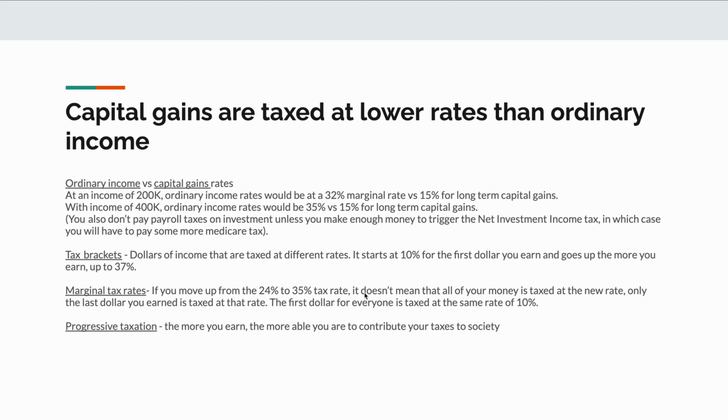This is a common misconception. It's just that the last dollar that you earned is taxed at the new rate. The first dollar for everyone is taxed at the same rate of 10%. And we have this progressive taxation where the more that you earn, the more able you are to contribute your taxes to society. So we ask more from that.